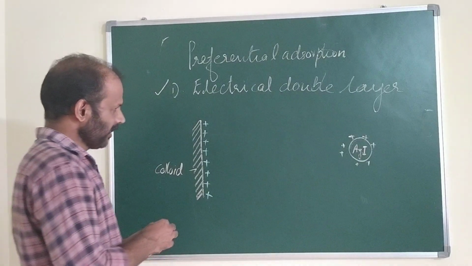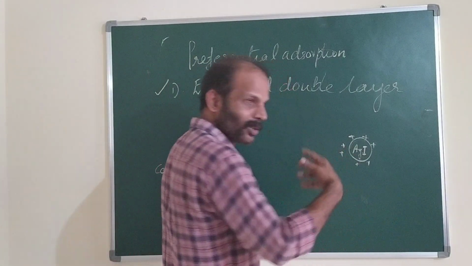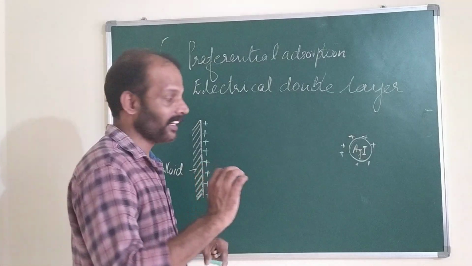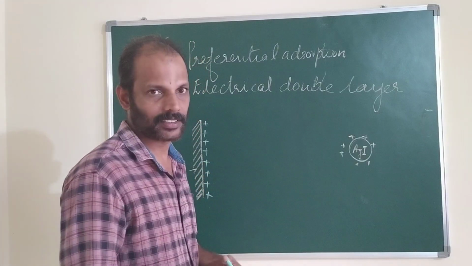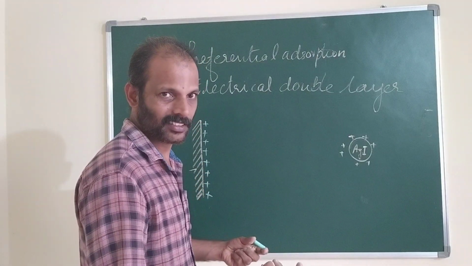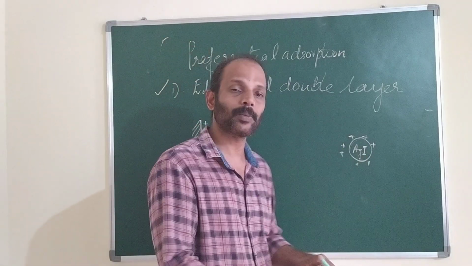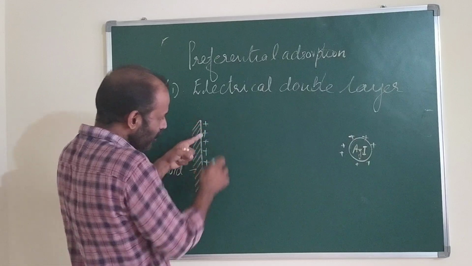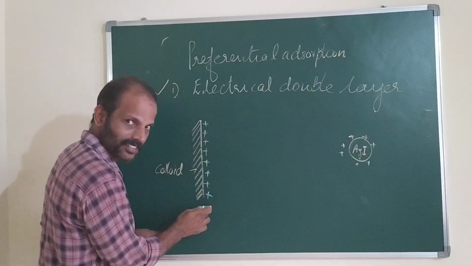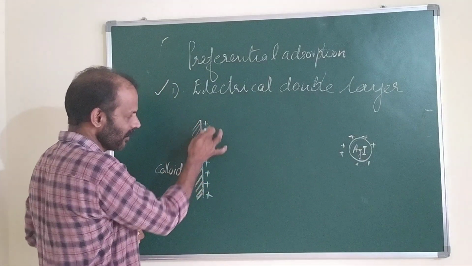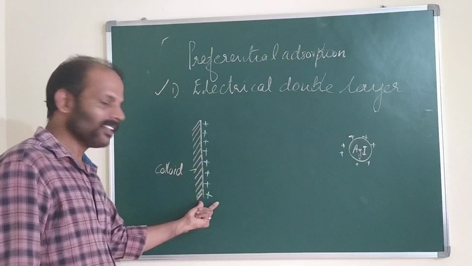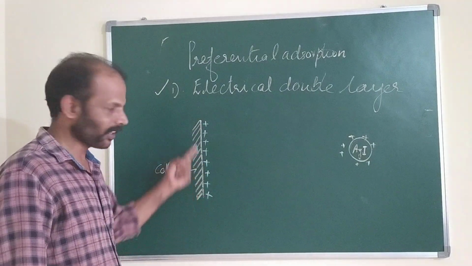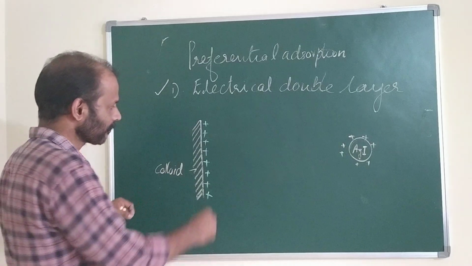Then, in our solution, negative ions are also present, NO3 minus ions. Immediate to the first layer, this is our first layer, and it is our fixed layer.